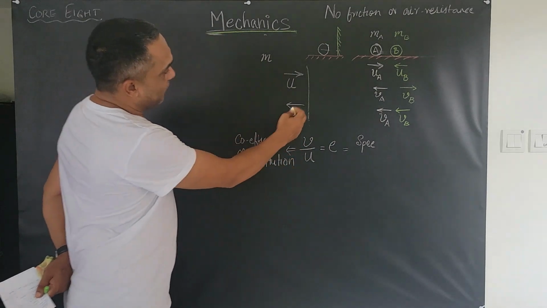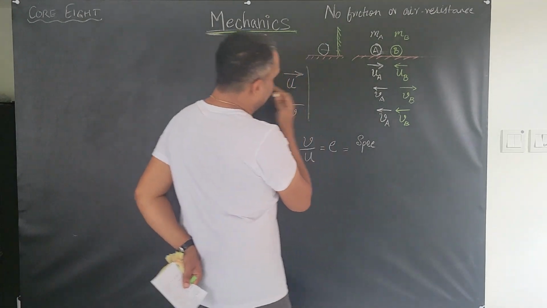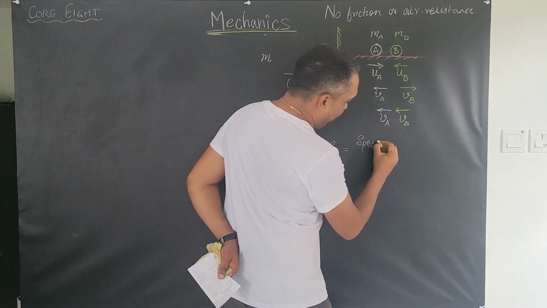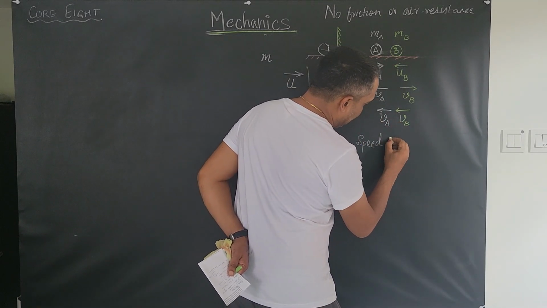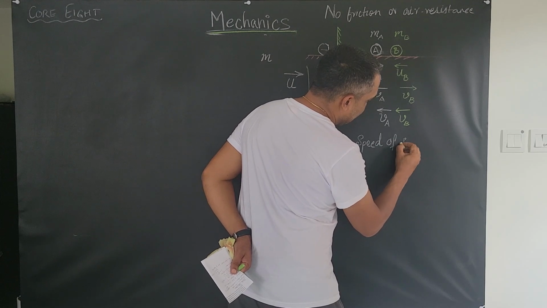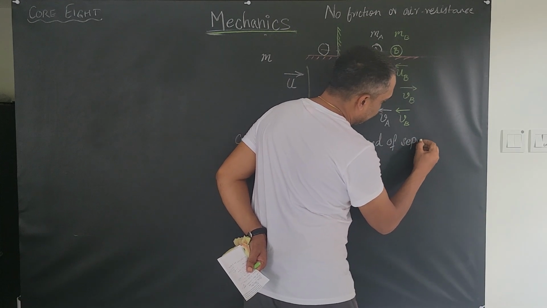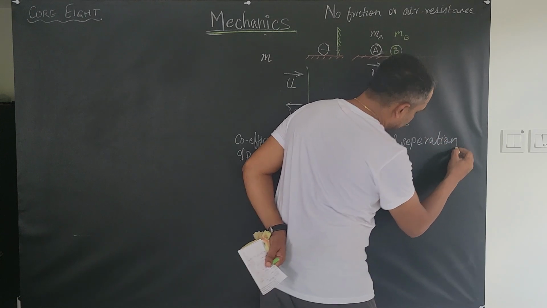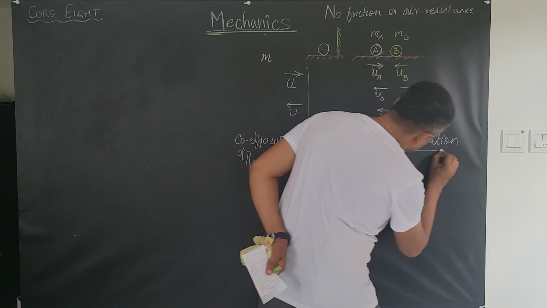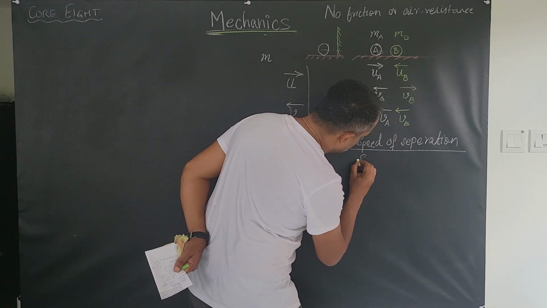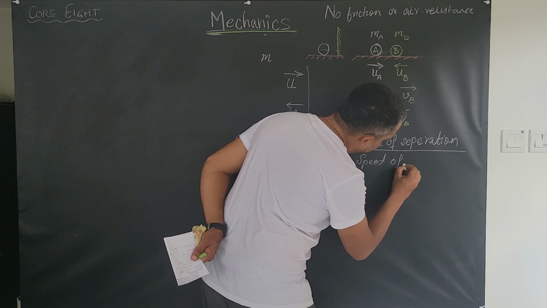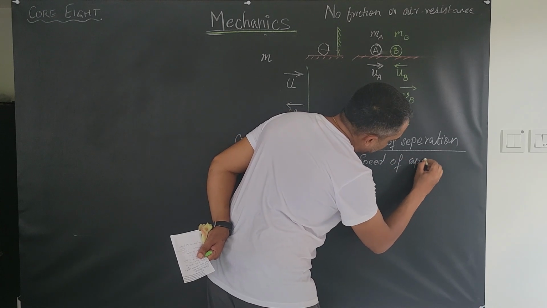In the earlier case, the wall was fixed, so it was literally just coming in and going out. But here I have two, so I could generalize this and say the speed of separation divided by the speed of approach.